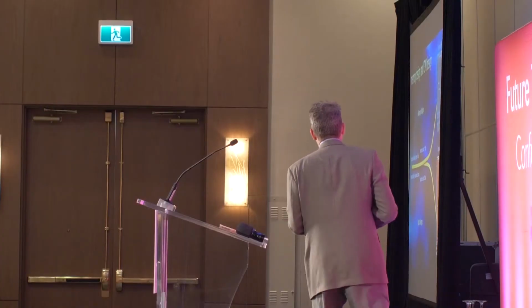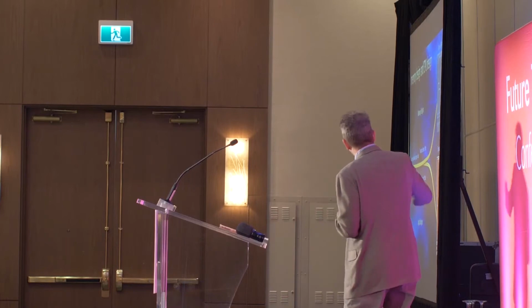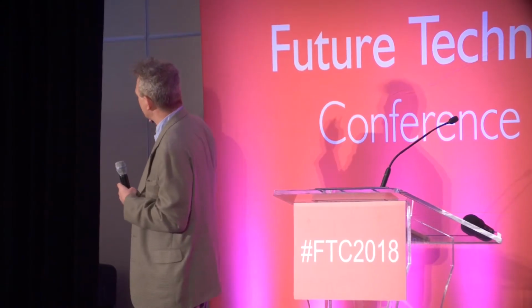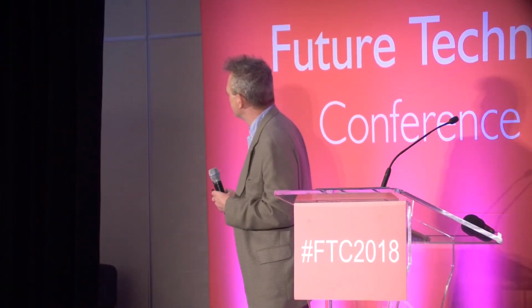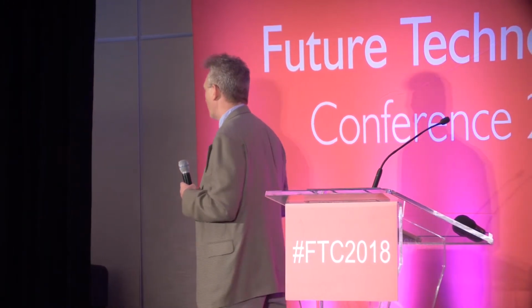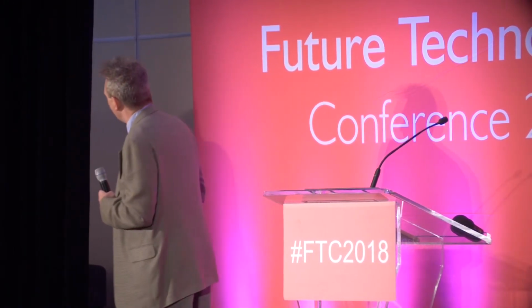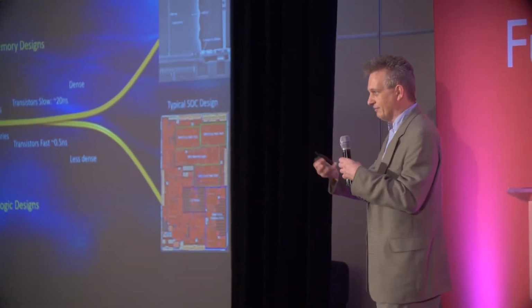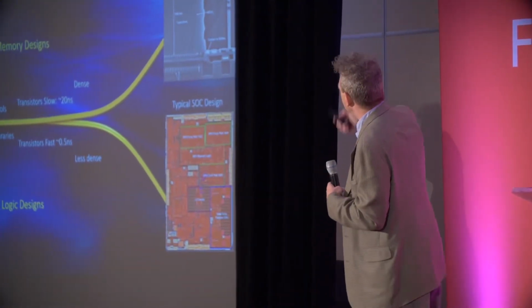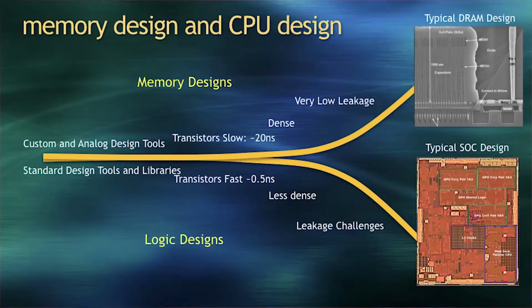You also have transistor sizes. So in a CPU, your transistors are going to switch very fast. In a memory design, they're going to switch very slow, orders of magnitude slower. In an SoC, because of the various levels of abstractions, you have less density. You actually have much more density when you look at a unit cell in a DRAM than in a CPU.